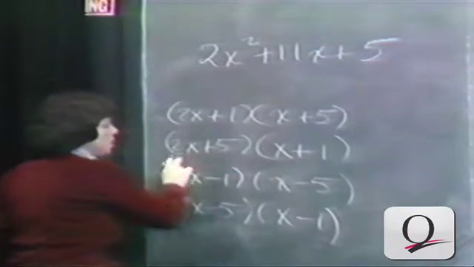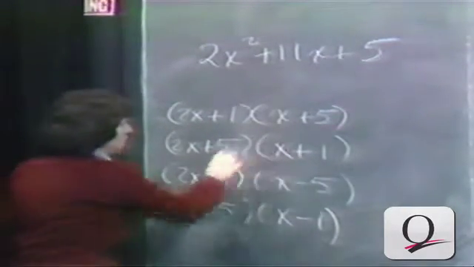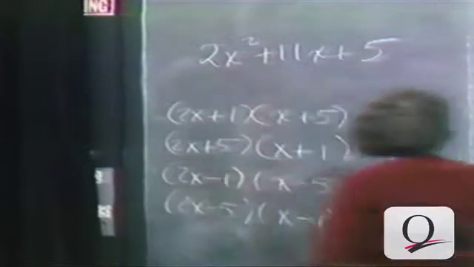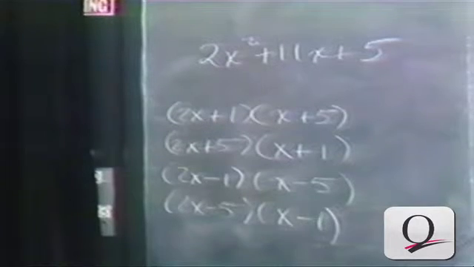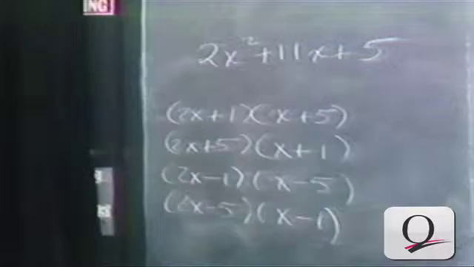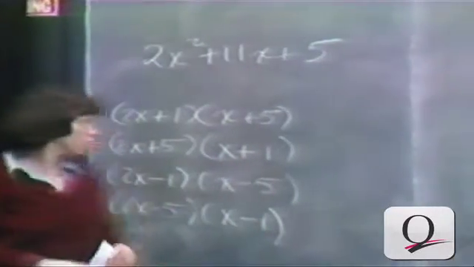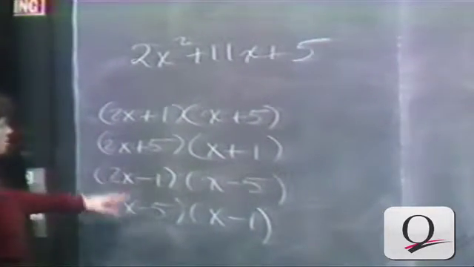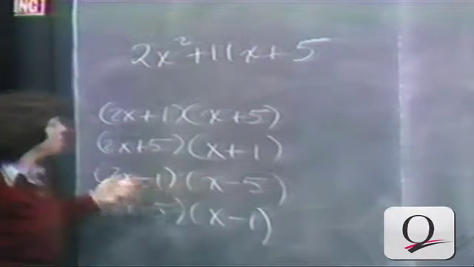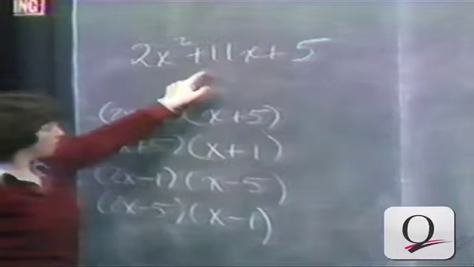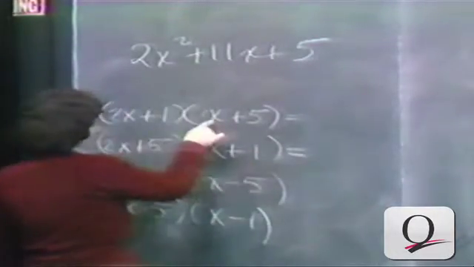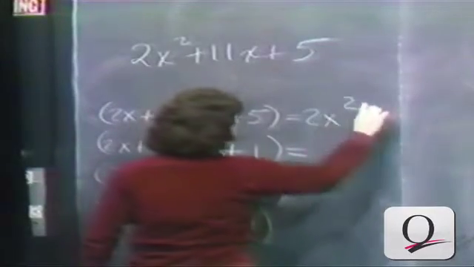But when you have the 2 in here, we've got to consider the way this is going to affect the answer. Let me write down the answers to these 4 problems. So you get used to seeing the way these numbers can act on each other. Now, you might also know that the last 2 couldn't possibly be the answer, since the outer and the inner would come out to be a negative and a negative, which would add together to give you a negative here instead of a positive.